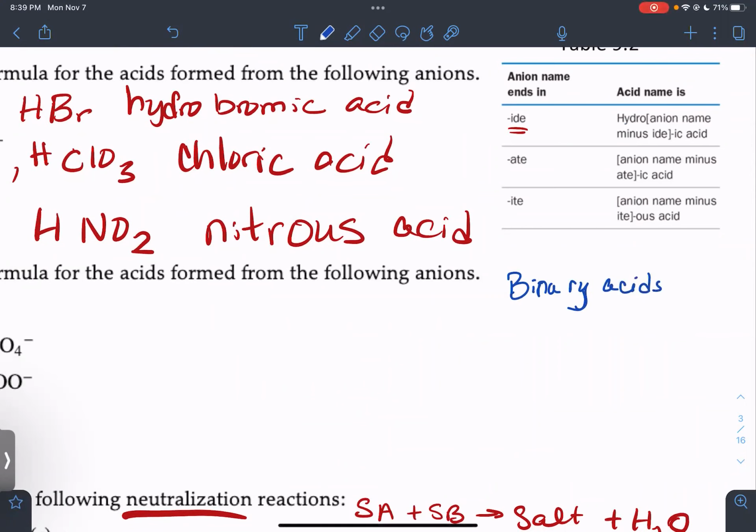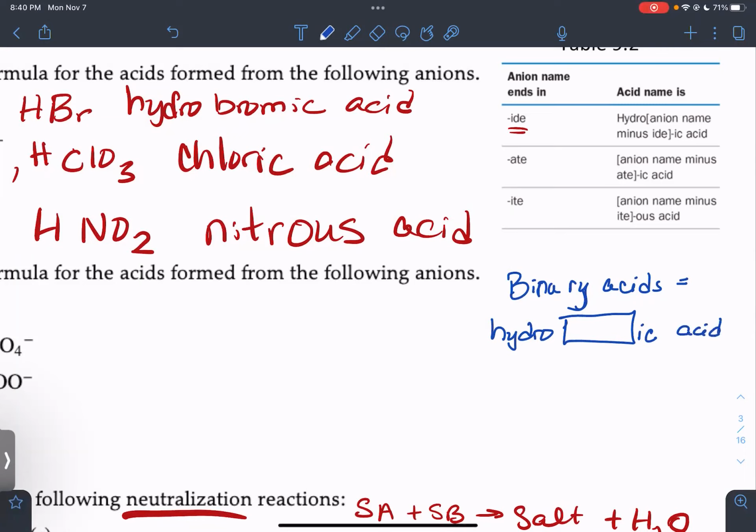So when we name a binary acid, we always start it with hydro, and then it's going to be some element. So I'm just going to put a box there, some element, and we're going to add IC. So this is one word, hydro-something-ic acid, right?